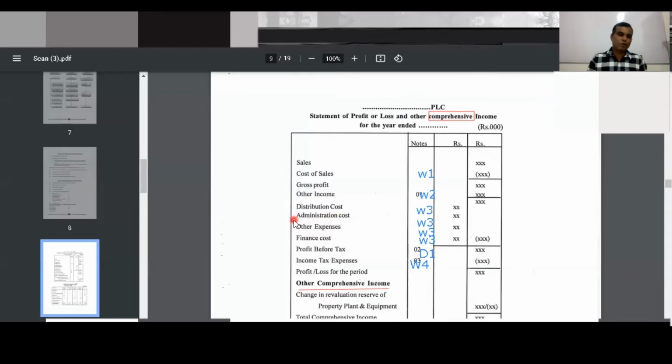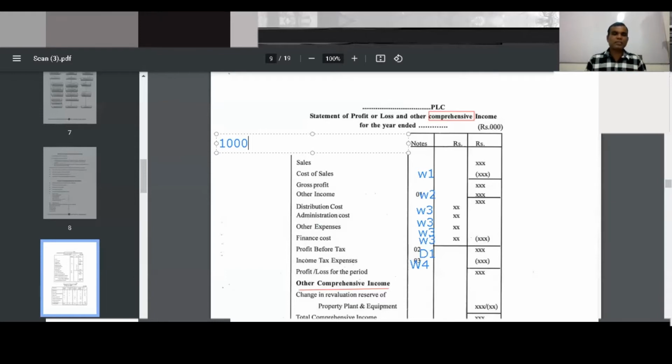Revaluation loss means normally, I'll give you a very simple example for you to understand. Assume that the value of the motor vehicle is 10,000.